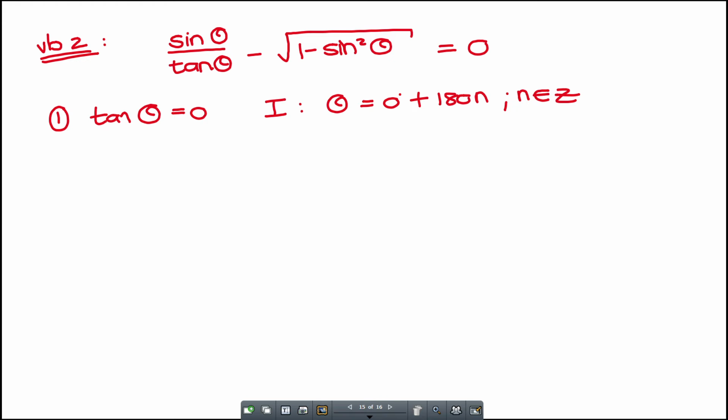Die tweede ding wat ek wil hê jy moet onthou, in jou pyltjies: die vierkantswortel moet negatief wees. Nee. So everything inside that root, I want to be less than 0. Okay, so my tweede ding is 1 minus sin squared theta must be less than 0. Nee?